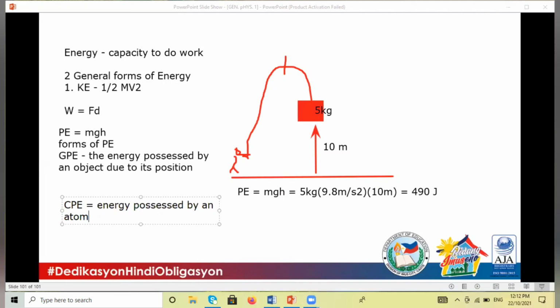So aside from this, you have also the elastic potential energy. The elastic potential energy is the energy possessed by an elastic materials, of course. Elastic nga due to its condition.